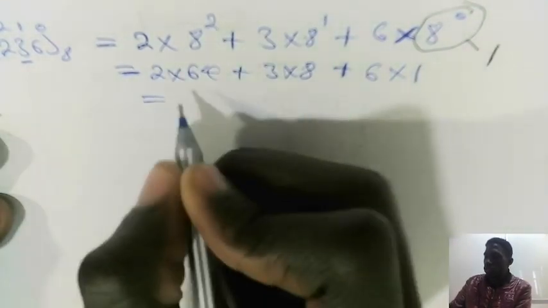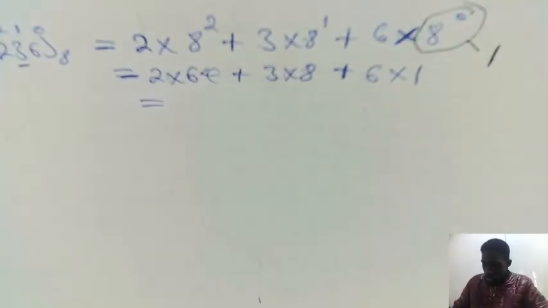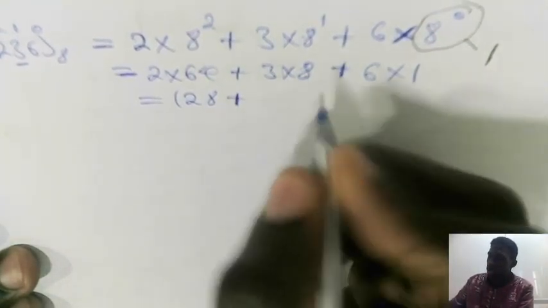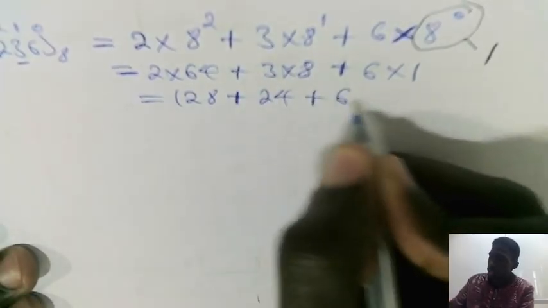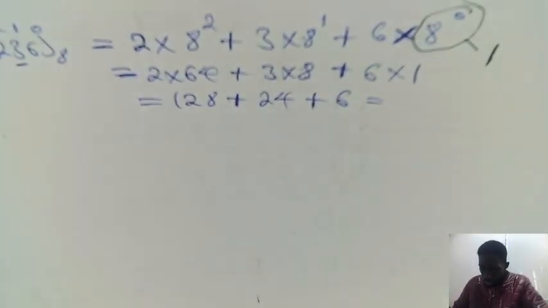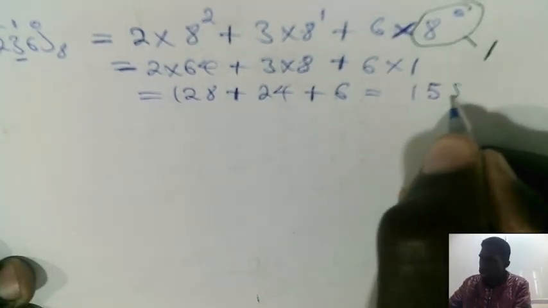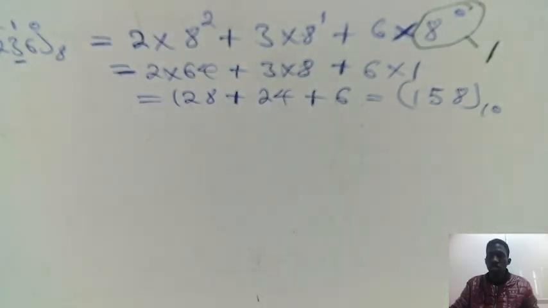This gives us 2 times 64, which is 128, plus 3 times 8, which is 24, plus 6. So this gives us 128 plus 24 plus 6, which is 158 in base 10.